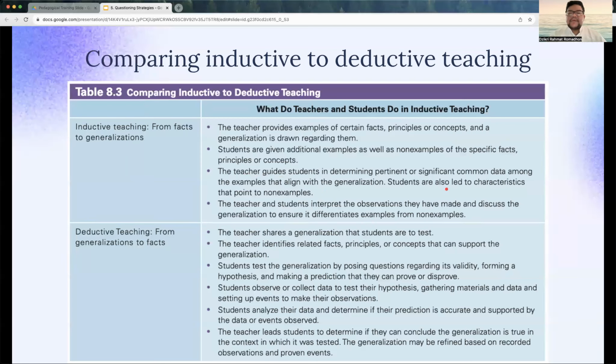Students are also led to characteristics that point to non-examples. And the teacher and students interpret the observations they have made and discuss the generalization to ensure it differentiates examples from non-examples.